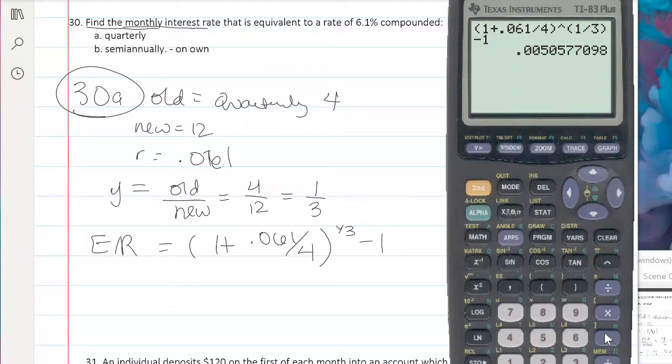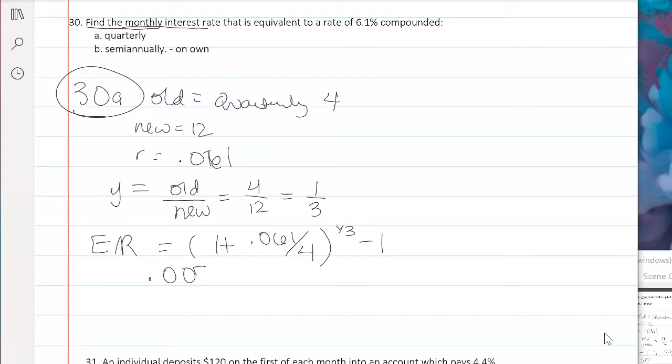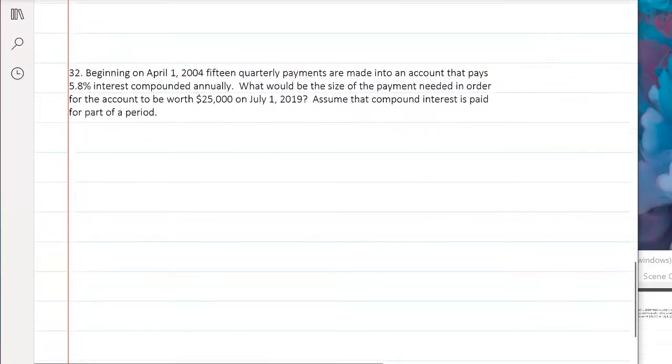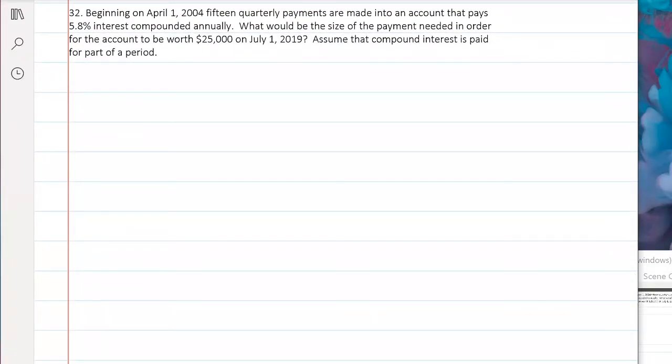We get 0.0051 when we round. 0.51% would be our effective interest rate if we're just finding the effective interest rate. Now remember, when we do this in a problem, we have to save that as A.